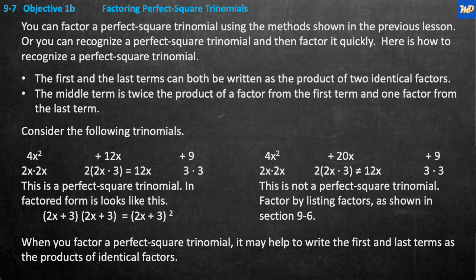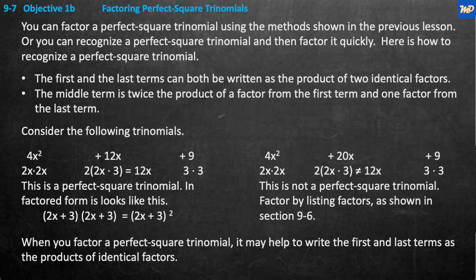First, the first and last terms can both be written as the product of two identical factors. Secondly, the middle term is twice the product of the factor from the first term and the factor from the last term. We're going to see what that really means here.